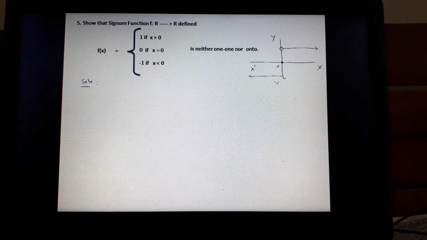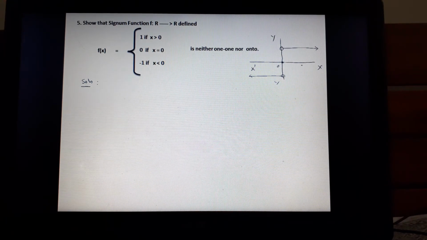Last year you have seen this graph. Now it is very clear, you take any value here, all are going to the same value, so it cannot be 1-1. And it is not onto because from the definition only you can see all the elements are going to 1, 0 and minus 1. So all the remaining elements here are not images.